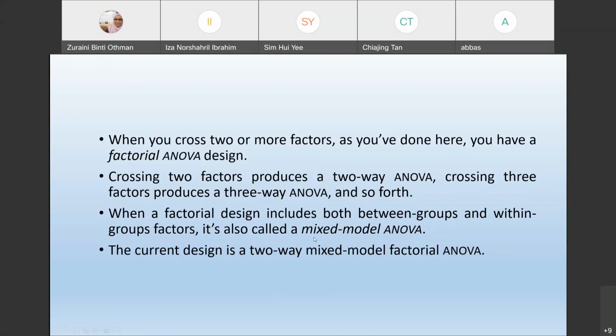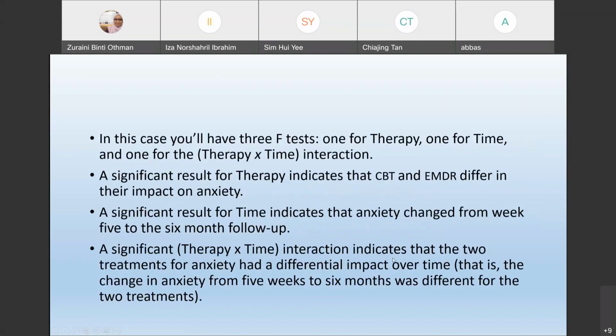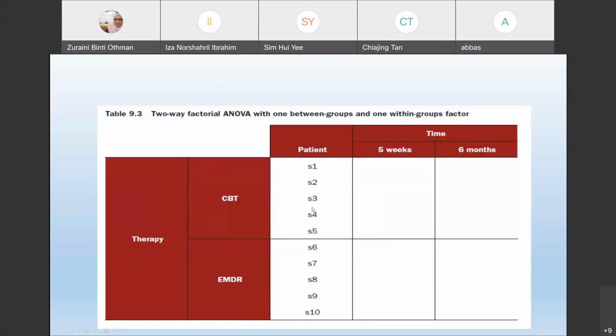Okay, so it is called mixed model ANOVA. The current design is a two-way mixed model ANOVA, a two-way factorial ANOVA with one between-group and one within-group factor.